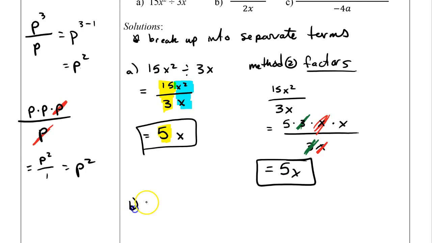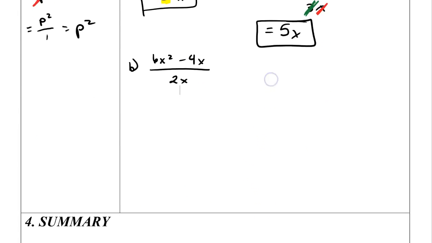Okay, so question B, 6x squared minus 4x over 2x. So we want to break it up into the separate terms, which is 6x squared over 2x minus, because we have a minus, 4x over 2x. 6 divided by 2 is 3.